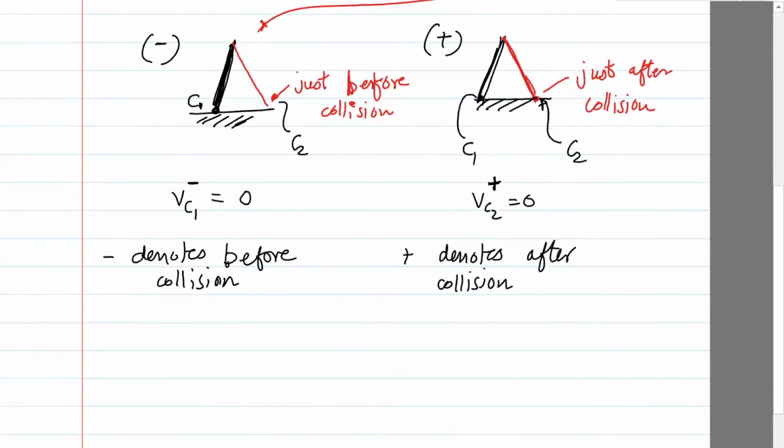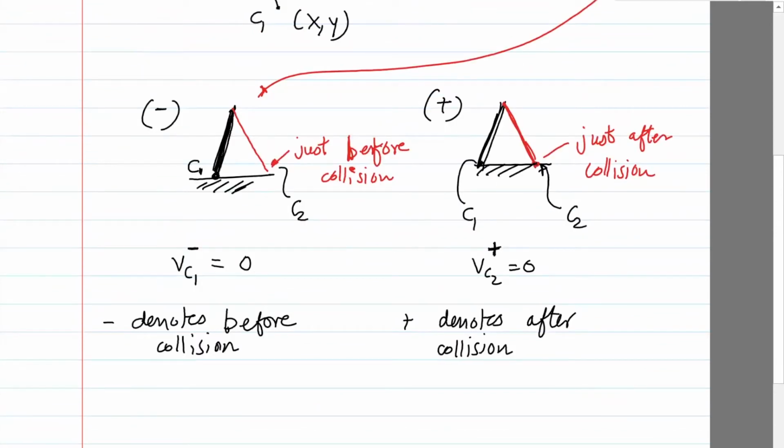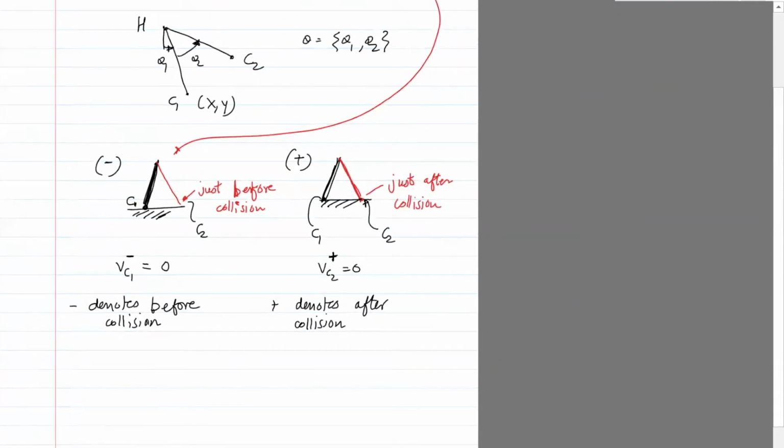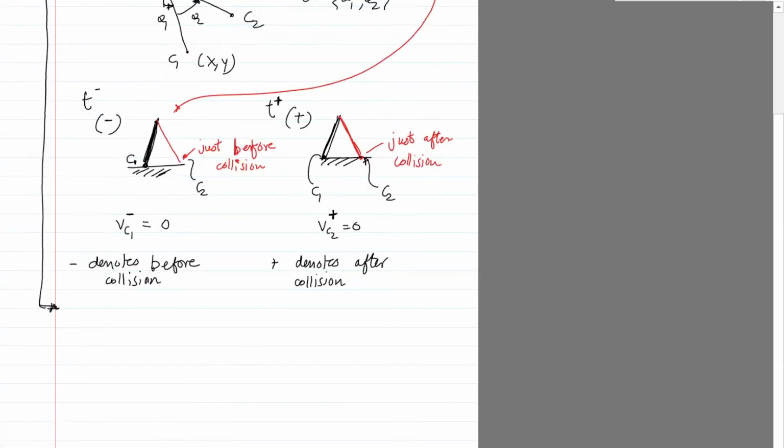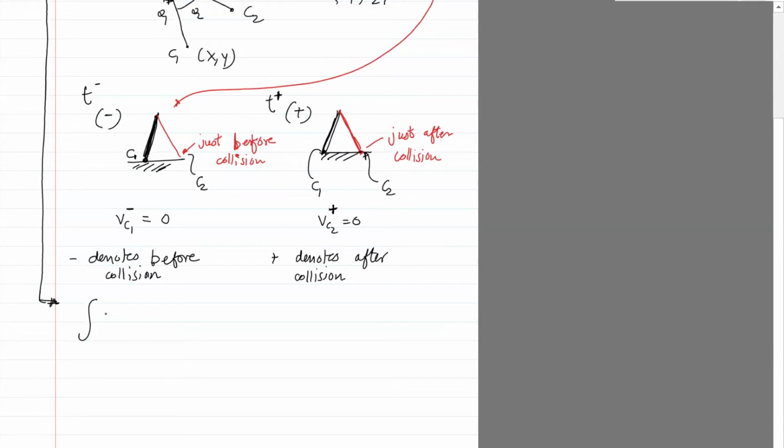Okay, so with that, let's take this equation and integrate it from the instant before collision, which in the limit you can call t minus, to t plus, where t minus and t plus are separated by almost nothing, tending to the same time. So let's integrate these equations.